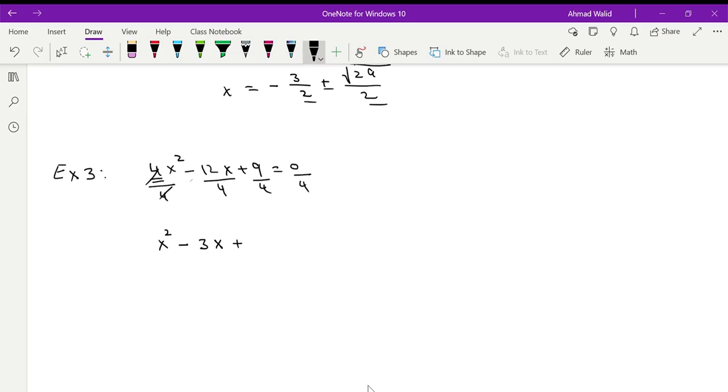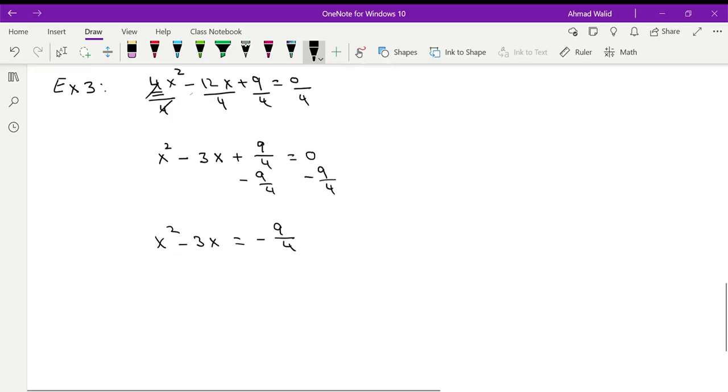Plus 9 over 4 equals 0 divided by 4 gives you 0. Now, I will subtract 9 over 4 from both sides. It means move your constant term to the right. You will end up with x squared minus 3x equals negative 9 over 4.